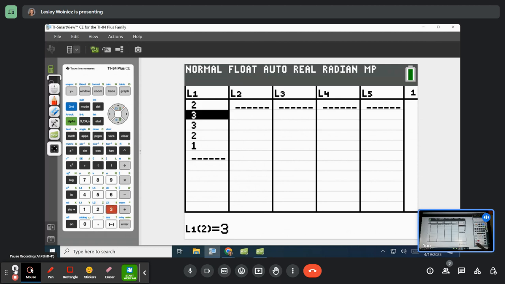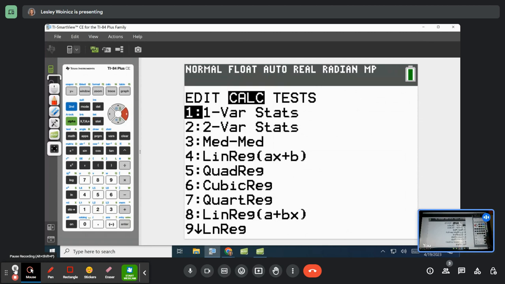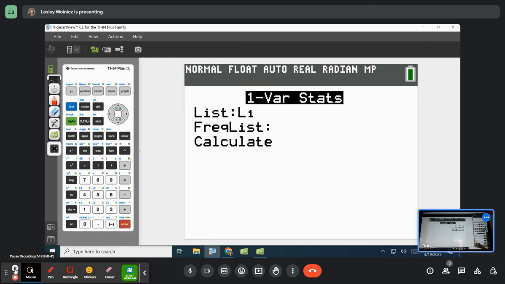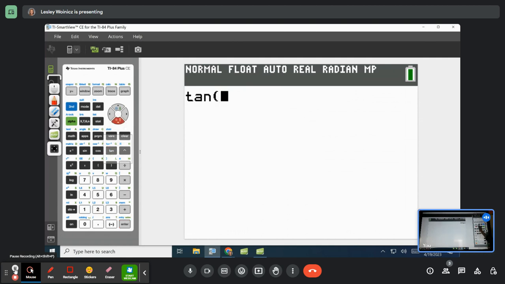So we just start with our original data. We go to stat, we go to calculate, and we go to our one variable stats. And make sure you get the, whoops.